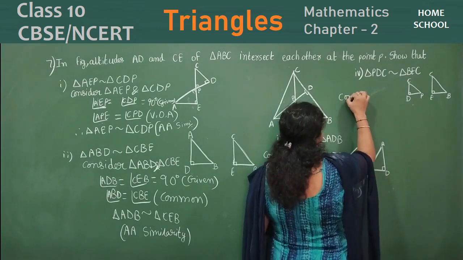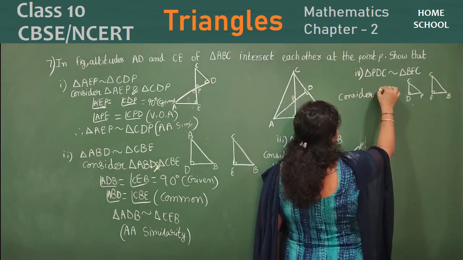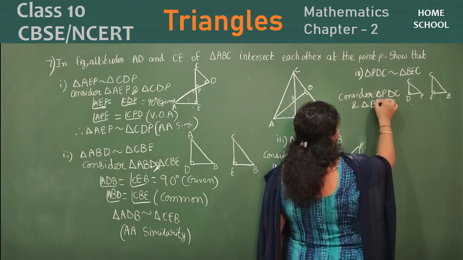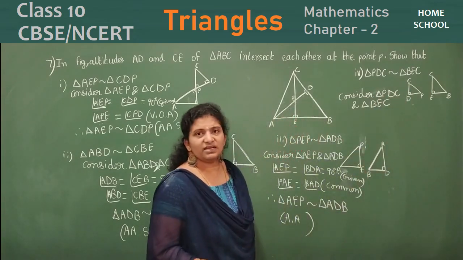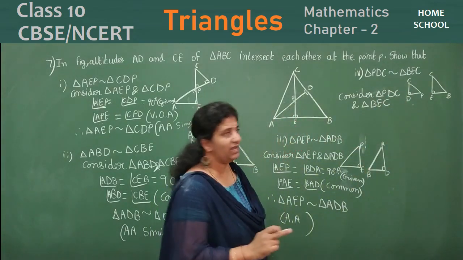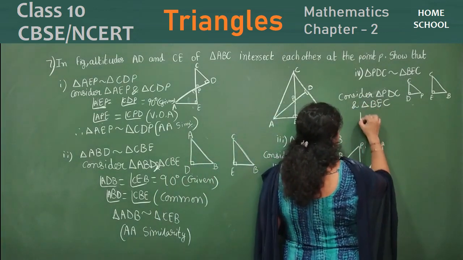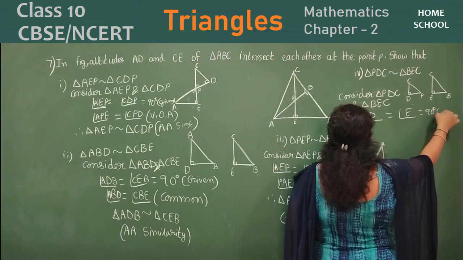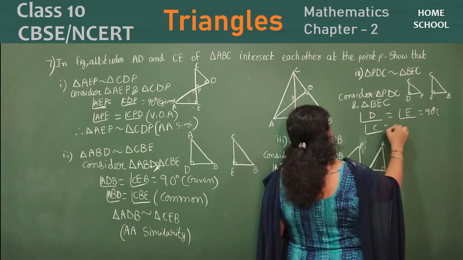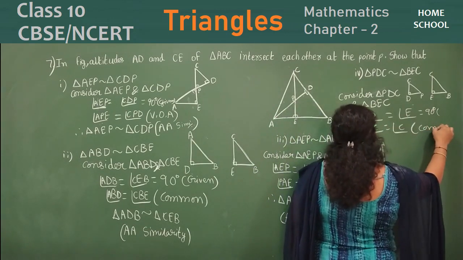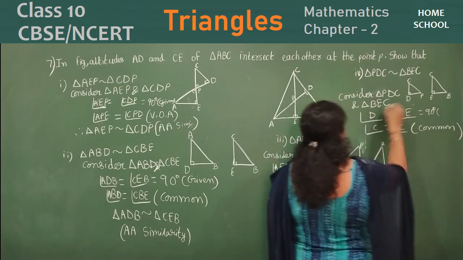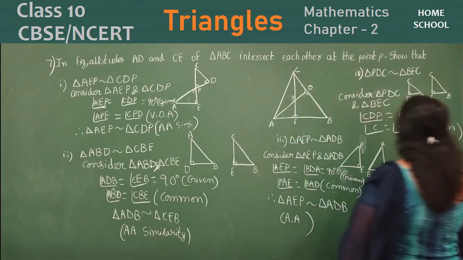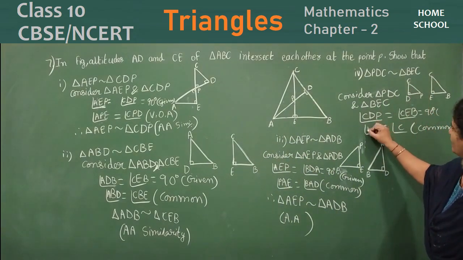So now how do we start our proof here? Consider triangle PDC and triangle BEC. What can you say? Angle D is equal to angle E is equal to 90, that is given already, and angle C is equal to angle C, that is common. So fill this: angle CDP is equal to angle CEB, and this angle C, how do you write here?